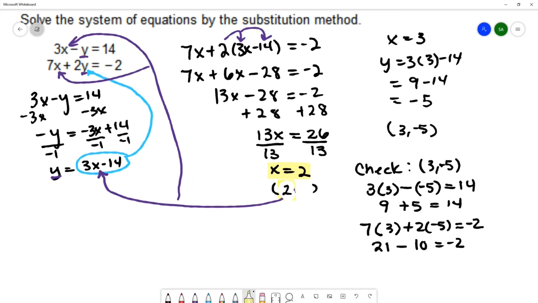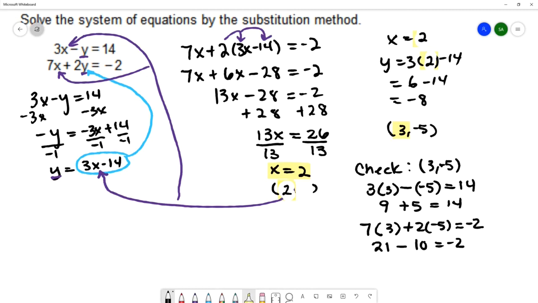And I'm going to change this 3 to a 2. So I have 2. 3 times 2 would be a 6. And 6 minus 14 will give a -8.